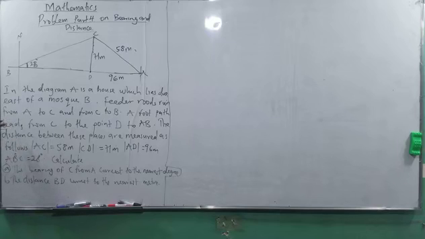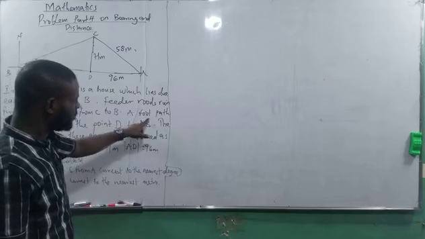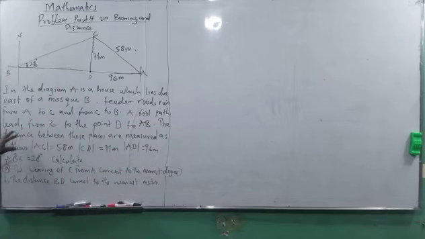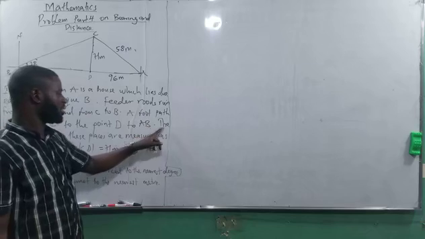Further routes run from B towards C and from C towards B. A footpath leads from C to the point D. This is a footpath to AB.